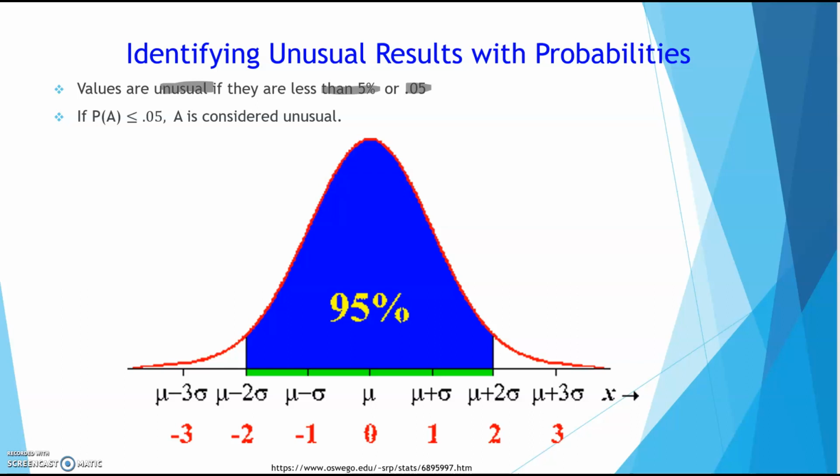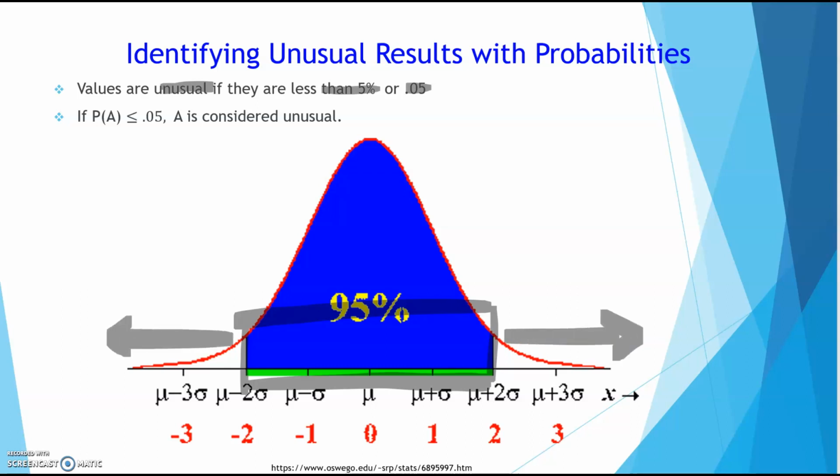And remember, we said that anything within 2 standard deviations of the mean, all of that was usual, but anything outside 2 standard deviations, that was unusual. Well, the reason why we're saying anything less than 5% is because of this 95 right here. 95% is within 2 standard deviations.